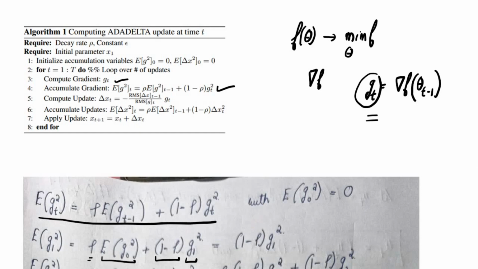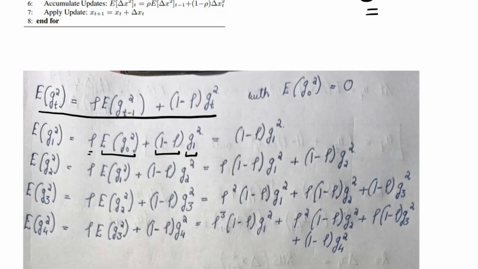Now we proceed further. On proceeding further, we replace t with 2 over here, and hence we get expected value of g2 square is rho times expected value of g1 square plus 1 minus rho g2 square. Now since expected value of g1 square is already attained over here, we straight away substitute it. So instead of expected value of g1 square, we substitute the value as this, and g2 square remains as it is.